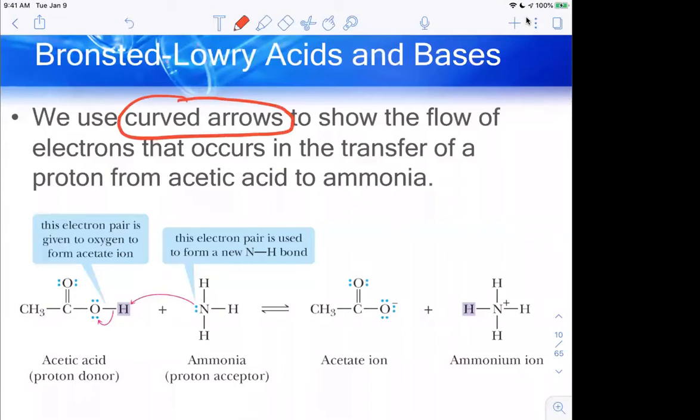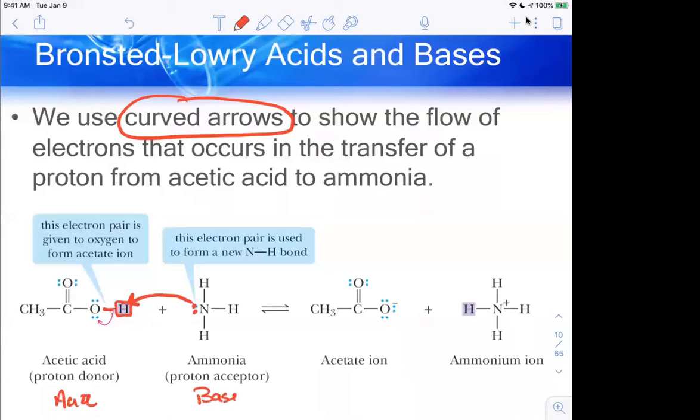So let's look at this one. Here I have acetic acid. This is the hydrogen that's being donated, so this is going to be my acid. This is going to be my base because it's accepting the proton. But notice this lone pair of electrons on the nitrogen is actually attacking the hydrogen.